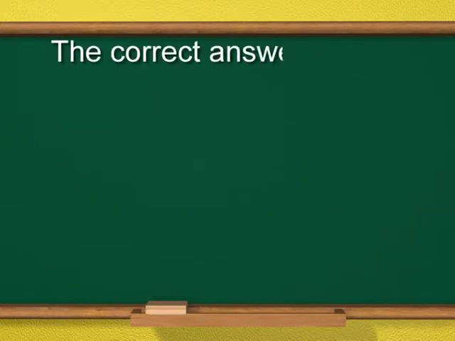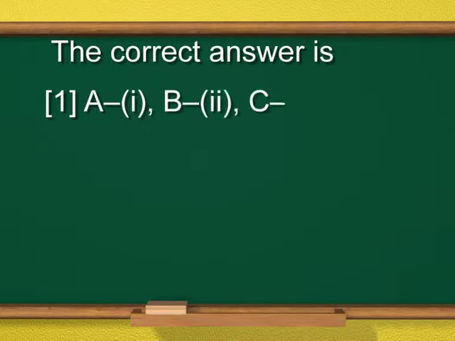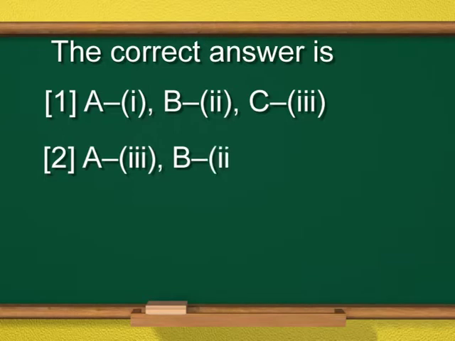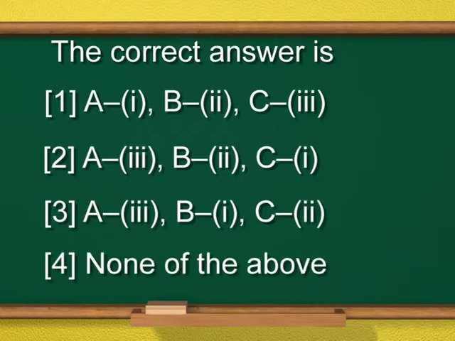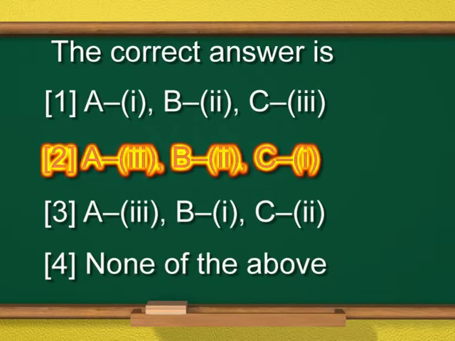And the options are A first, B second, C third, A third, B second, C first, A third, B first, C second, or none of the above. The correct option is A third, B second, C first.